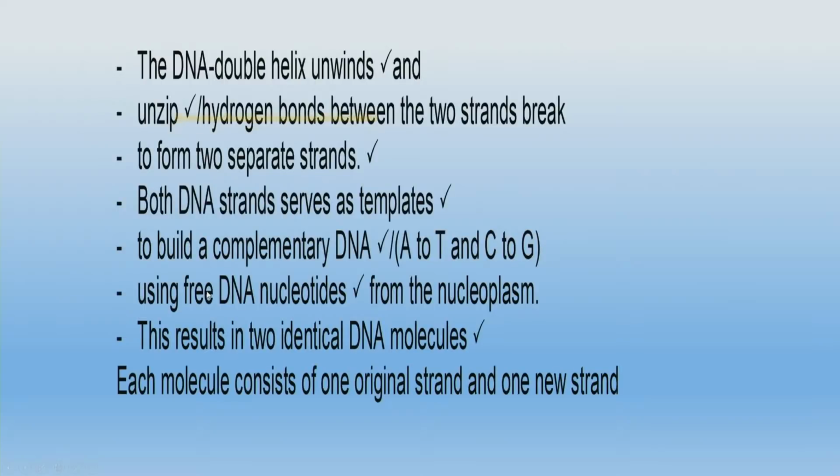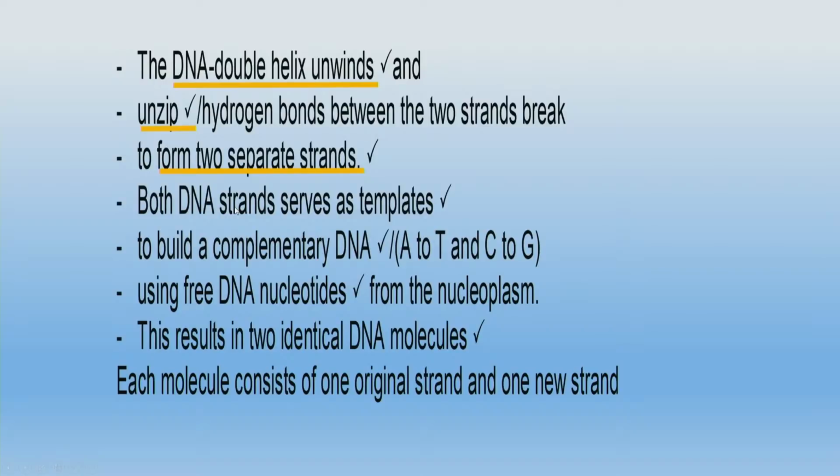So something that I just want to emphasize when we come to DNA replication, we must talk about the DNA double helix. Not the helix, not the DNA double helix that unwinds. Another one is then unzip, and then to form two separate strands. We find that learners are leaving this mark out. They skip right from there to both strands serve as a template.